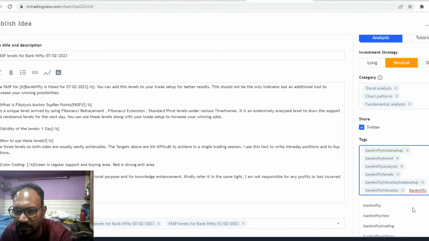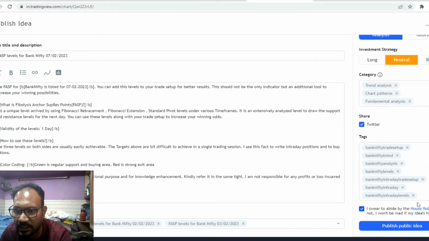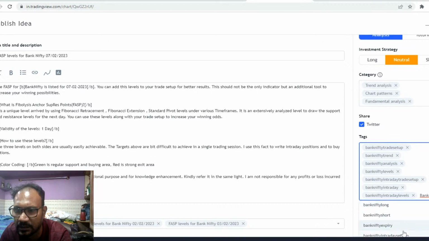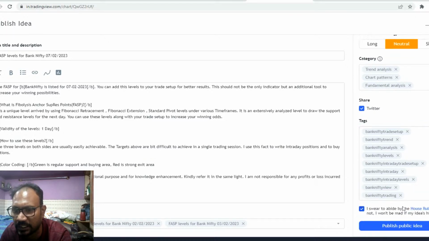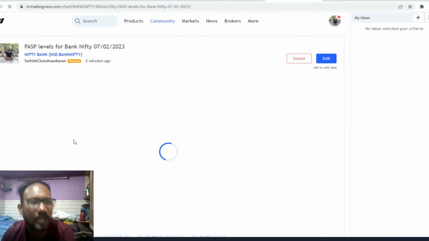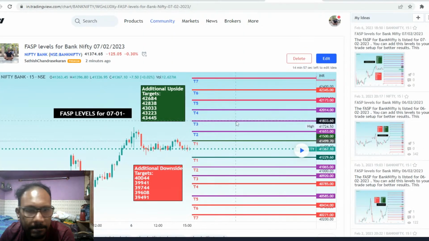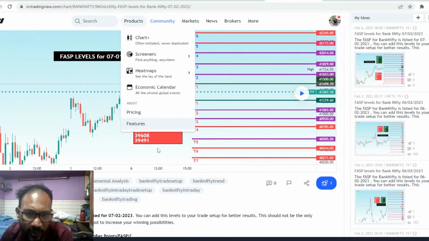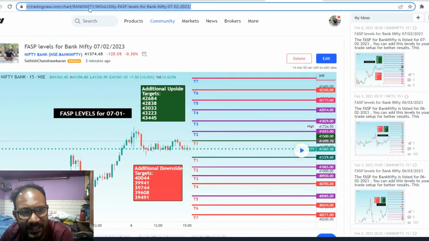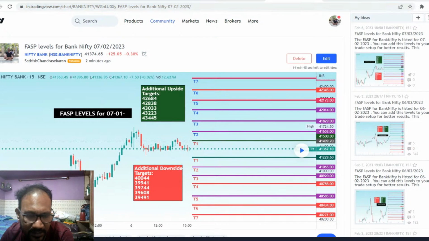Intraday view, correct. Okay, correct. I think this is good enough. Let's post it. That's it. I just give myself thumbs up so that it reaches more people. All right, this is the link. Then let's share it with the friends. That's it. With the Bank Nifty, this is done. Right.